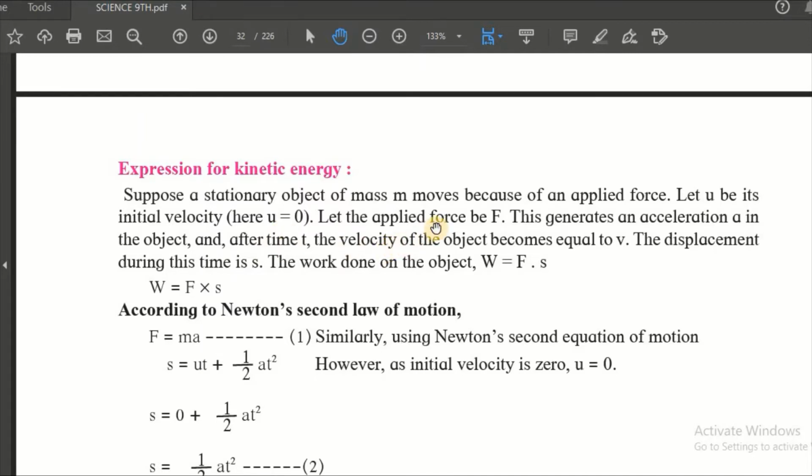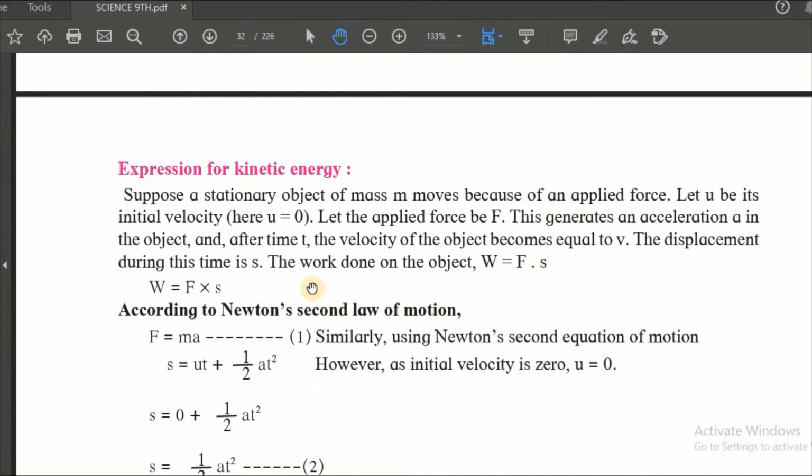Let the applied force be F. This generates acceleration in the object, and after time t the velocity of the object becomes v. When you start the object, the initial velocity is 0 and the final velocity is v.